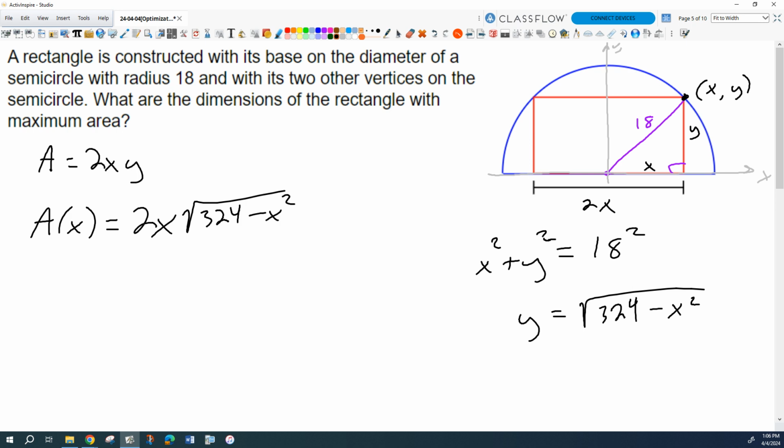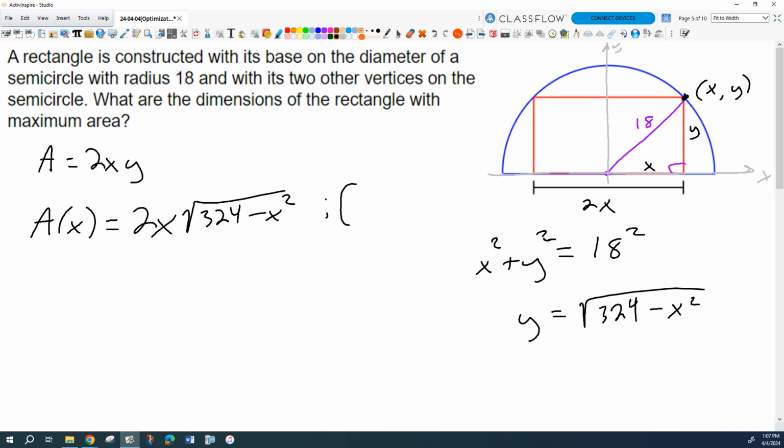And what's my domain gonna be? Now we've got a function of x, so we have to know the domain, so we know where we're gonna look for critical numbers. What's the smallest that x could be? 0, yeah. And you can kind of see what happens if x goes to 0, what's the height gonna go to? You can use that equation right there that relates x and y. 18, right?